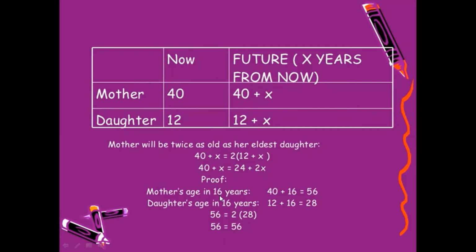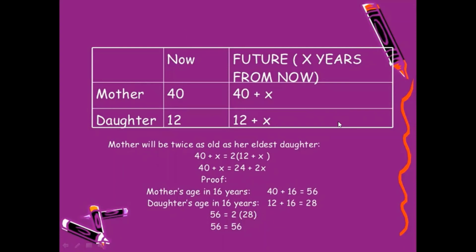So mother's age after 16 years is 40 plus 16, 56. Daughter's age is 12 plus 16, the time period is the same, 16 years, 28. So 56 is twice the age of her eldest daughter.